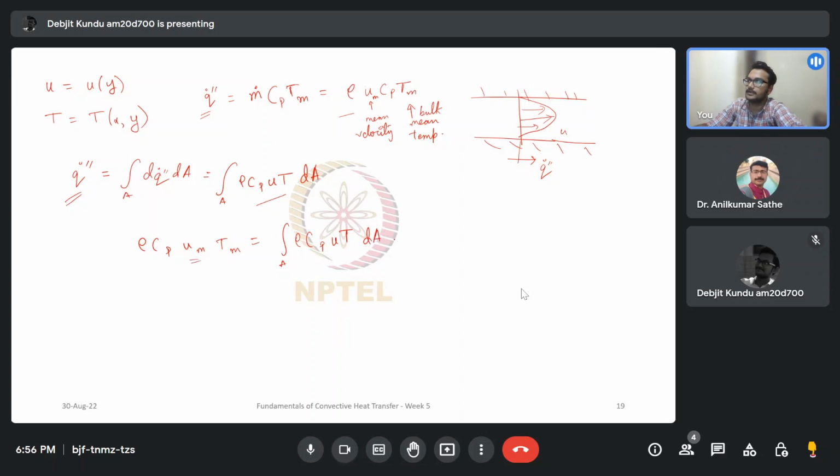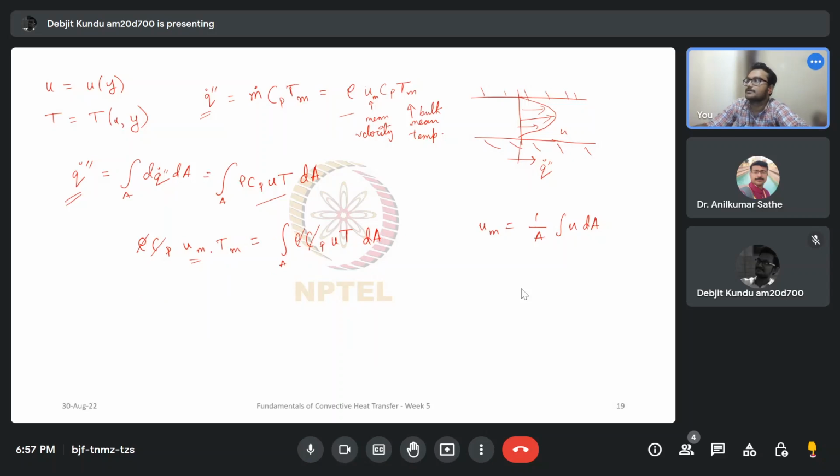And how do we write Um? We simply write it as 1 by area into the integral of u dA, correct? And if we assume constant properties all throughout, then this rho Cp gets cancelled.